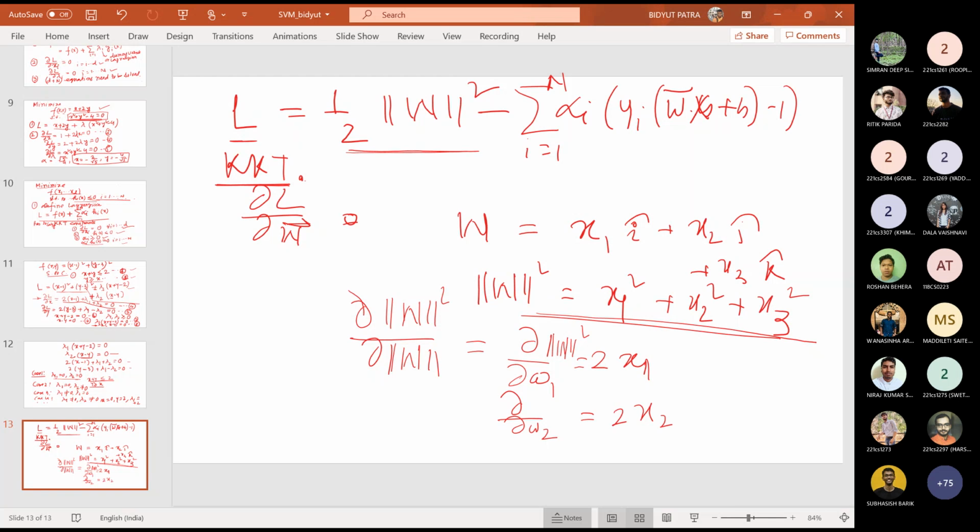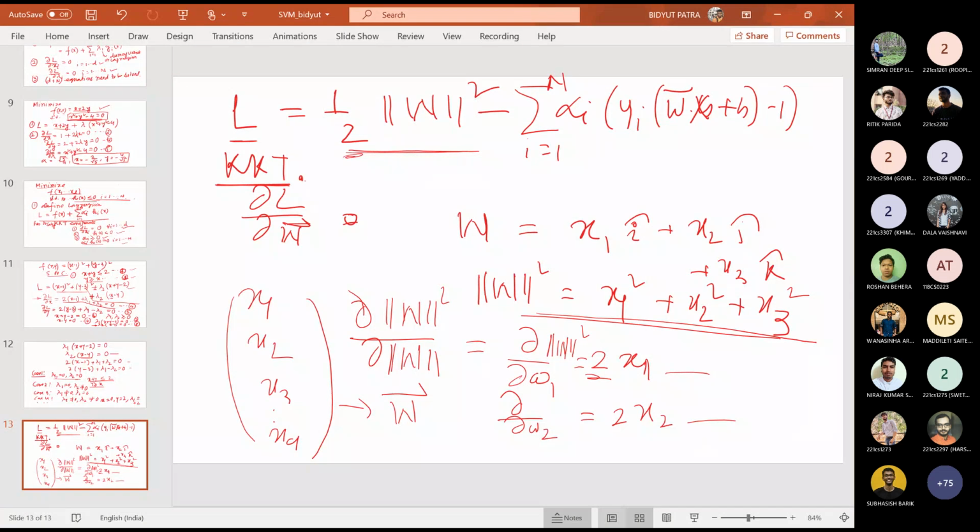This is the first component, second component, and so on. Essentially you will get x1, x2, x3 up to xt, and the 2 outside cancels out. Basically you will get the vector w. That is what we simply wrote in the last class.